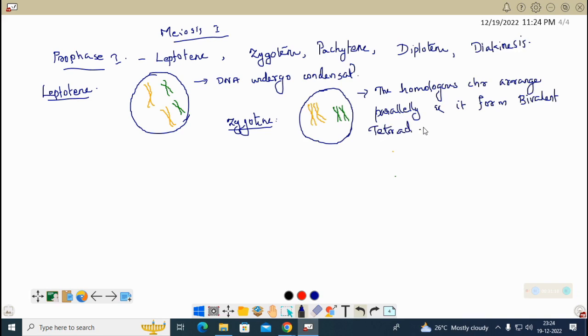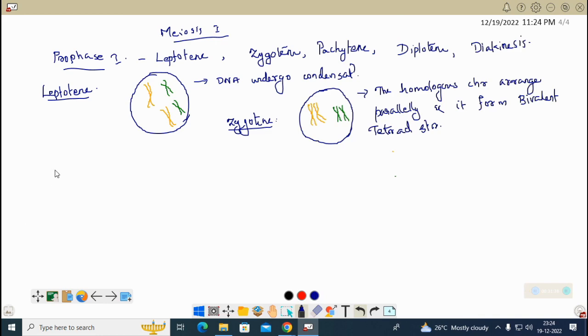Bivalent means 2 homologous chromosomes. Tetrad, 1 2 3 4, like that tetrad structure will be formed in the zygote stage.